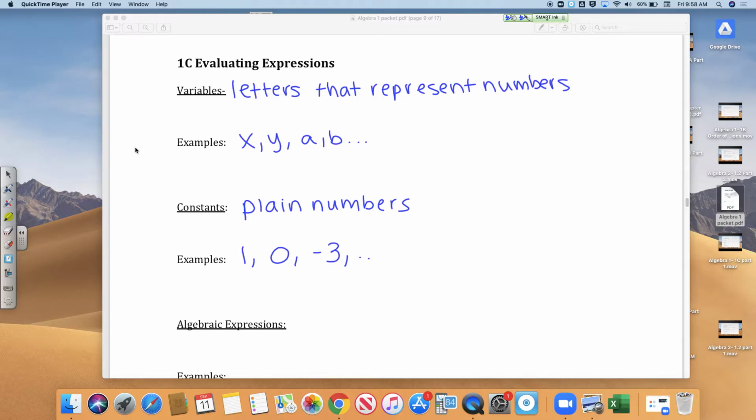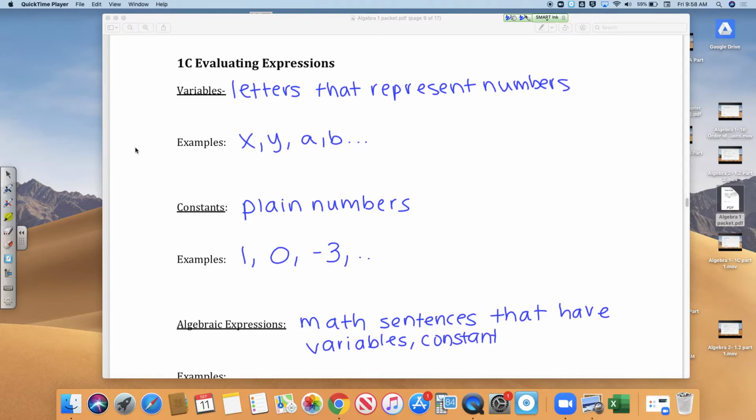So algebraic expressions are math sentences that have variables, constants, and operations.